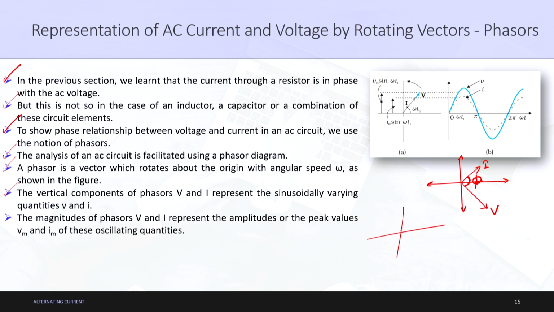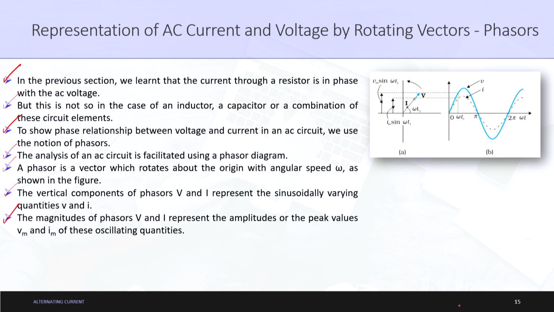If they are on the same sequence, aligning one over another, then we say that they are in phase. That is how we can understand this complete concept of phase relationship or phase difference between V and I using the phasor diagram.